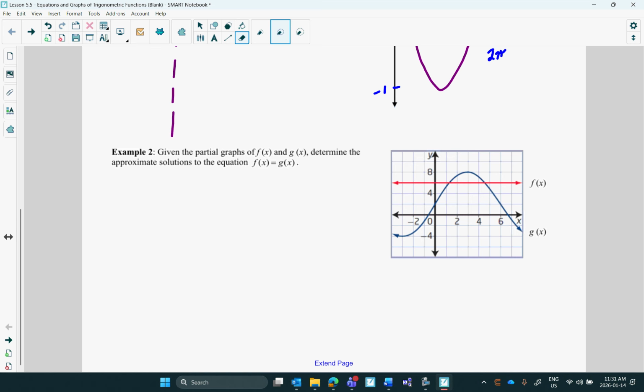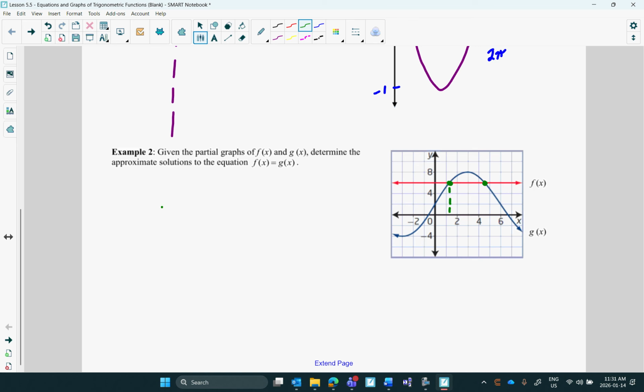What are the solutions? Where are they, first of all? They're here and here. And it's going to be decimal numbers, isn't it? This looks like it would be around 1.2.